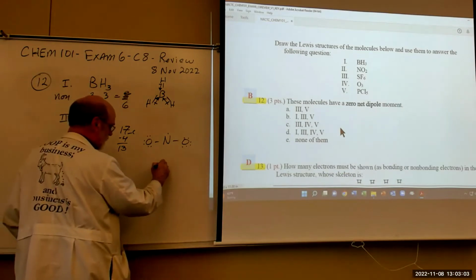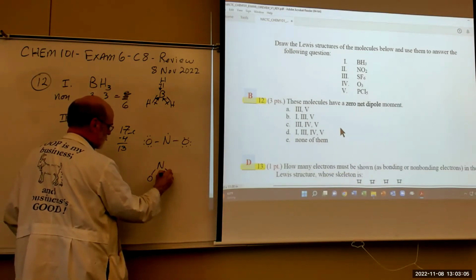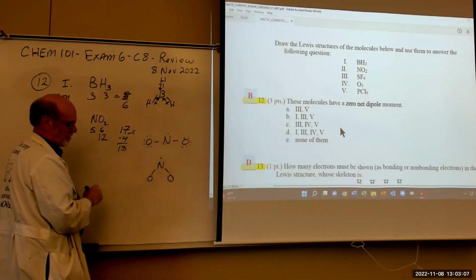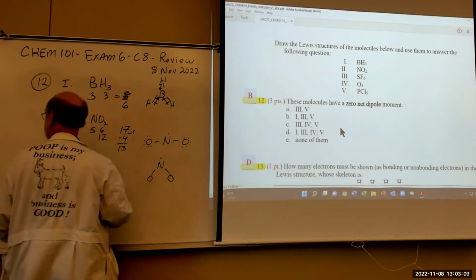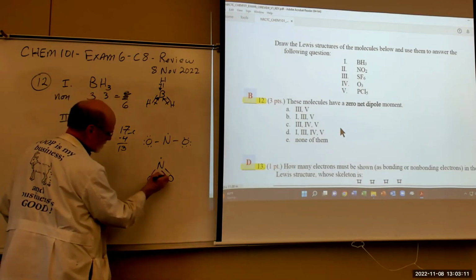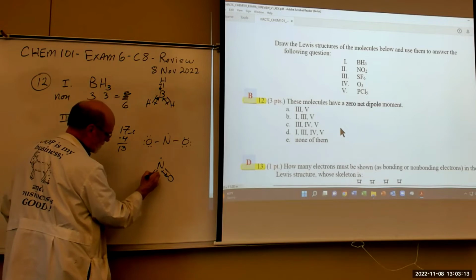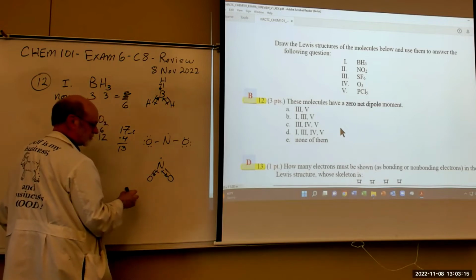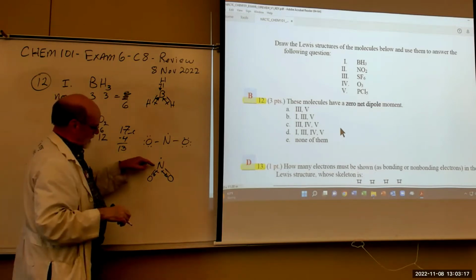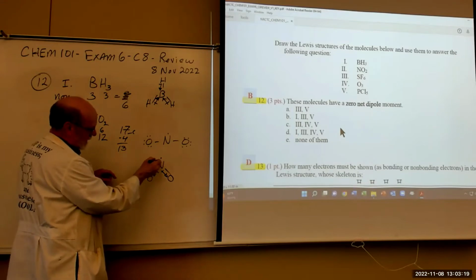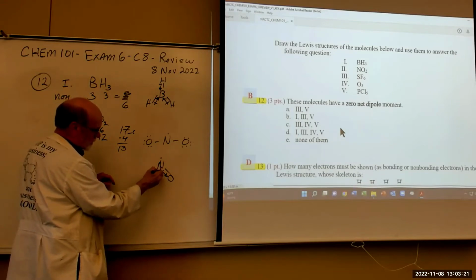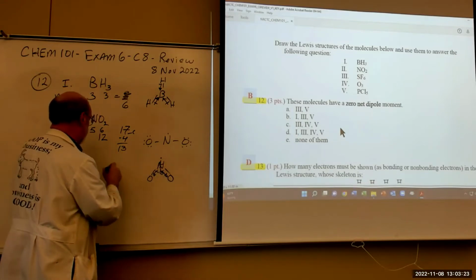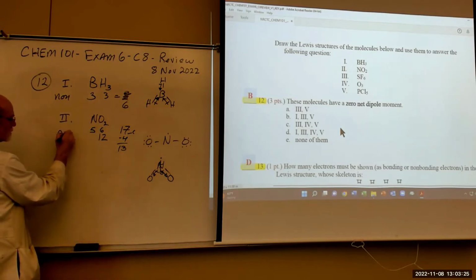So we're going to have like this, this, this, and that. And the dipole moment, oxygen should be like that, which means even with that extra electron up there, you're still going to have a slight dipole that way. So this one is polar.